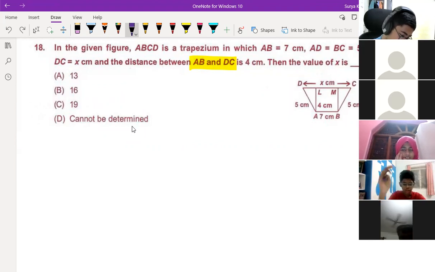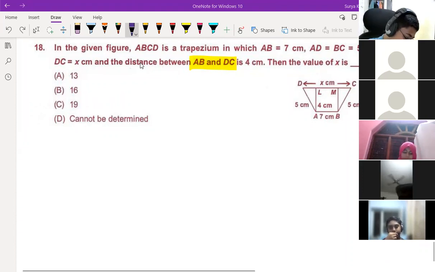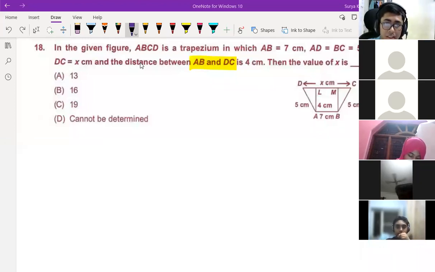Write in the chat box. The area of trapezium formula is half into sum of parallel sides into height.